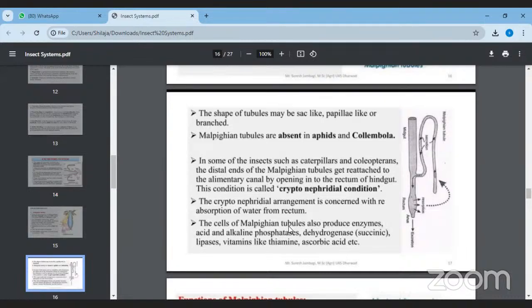The cells of Malpighian tubules also produce enzymes, acid and alkaline phosphatases, dehydrogenase, succinic, lipases, and also vitamins like thiamine, ascorbic acid, etc.